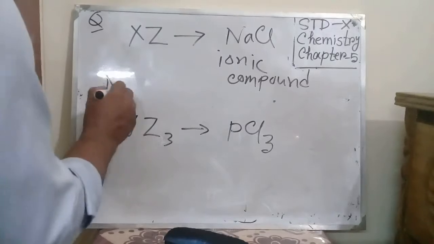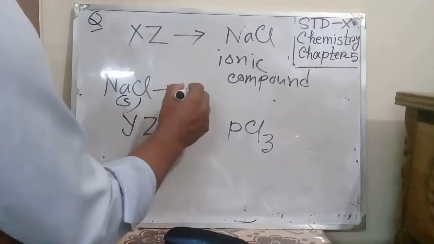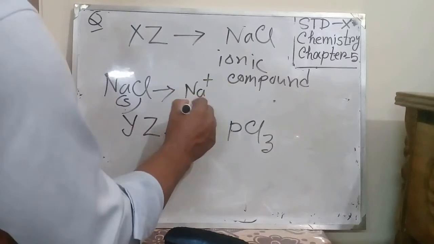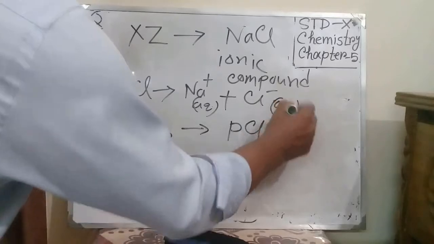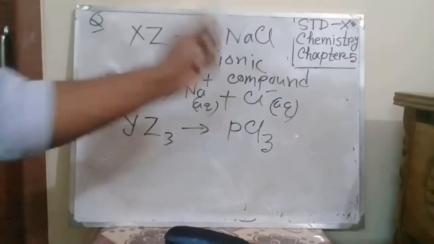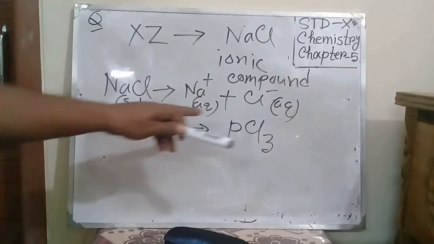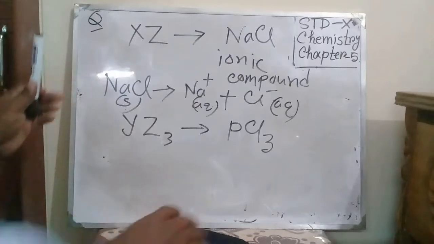So sodium chloride, this is solid, gives Na plus in aqueous solution plus chloride in aqueous solution. Sodium chloride will form cations and anions in the solution, but phosphorus trichloride doesn't form two types of ions in the solution.